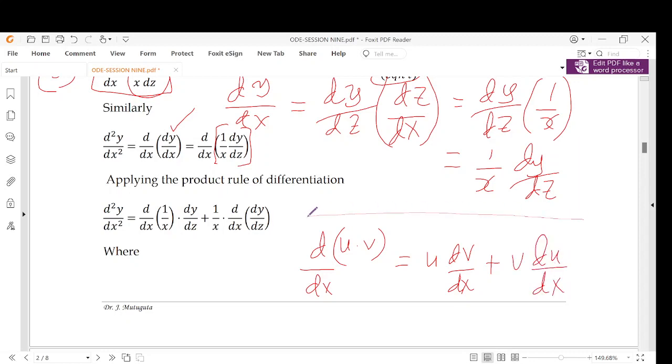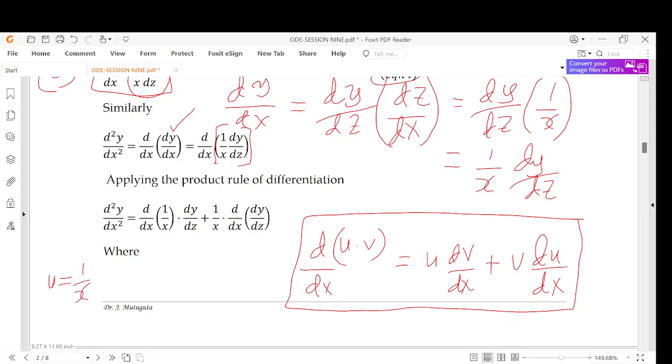We call this the product rule of differentiation. Because we have a product here, we can set u to be 1 over x and v to be dy by dz.